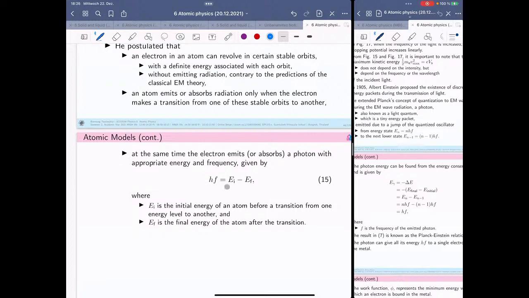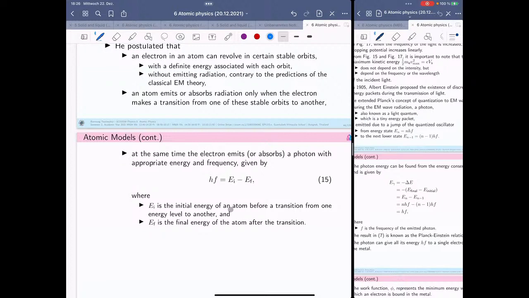And this difference is going to be equal to h, the Planck constant, multiplied by the frequency of the light, whether it's absorbed or emitted. Ef is the final energy of the atom after the transition, and Ei is the initial energy at the beginning, right?